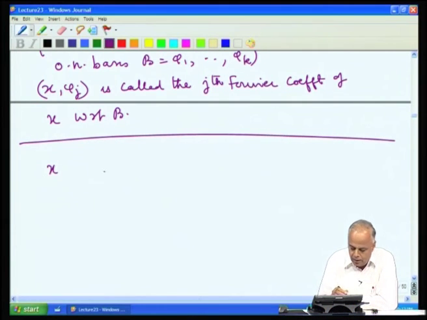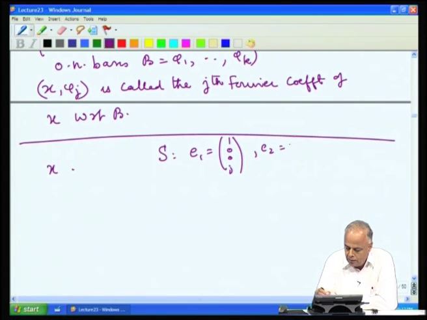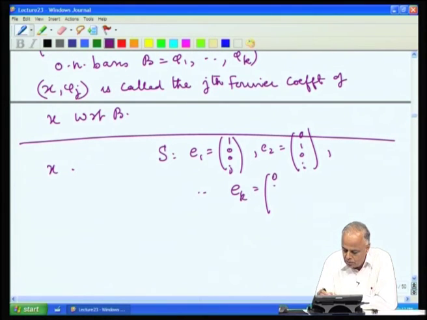Something interesting happens. Suppose we had x and we had the standard basis. We will call this the standard basis: E 1 as 1 0 0 0, E 2 as 0 1 0 0 and so on, and finally E k as 0 0 0 1.